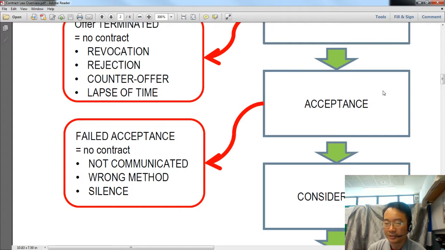And the last one is silence. Remember, even though laymen say that silence is consent, there's no such thing in contract law. The silence can never be acceptance of a contract. So if there's no acceptance, also you don't need to carry on, there is no contract.